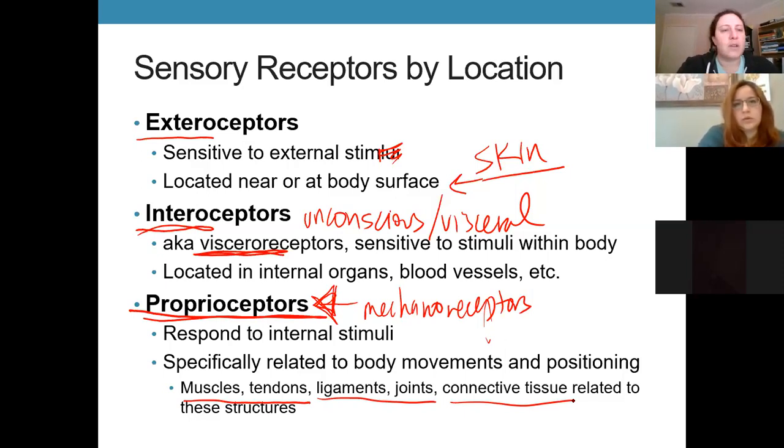They inform the brain and the spinal cord as to the body's location in space, the body's movements, and other things, and are then used to help coordinate and modify our muscle responses. That's why we keep them separate from interoceptors, because interoceptors are more about your blood pressure, your blood composition, and what's going on in your intestines and stuff like that.